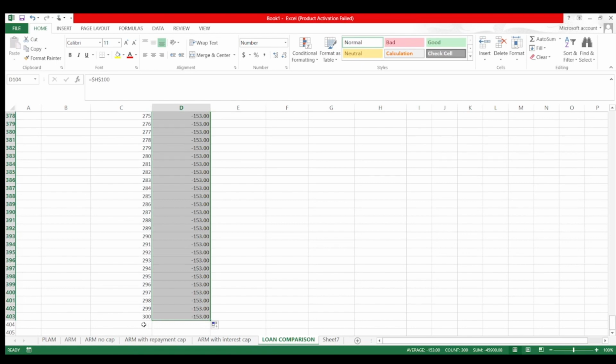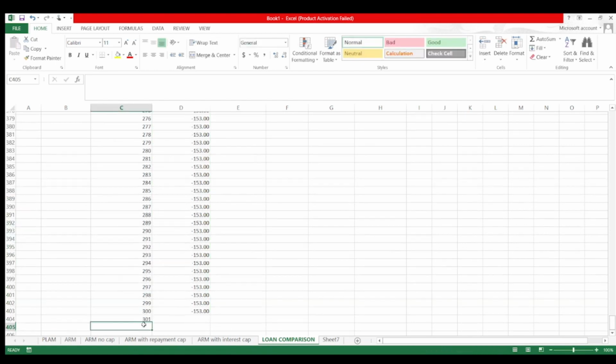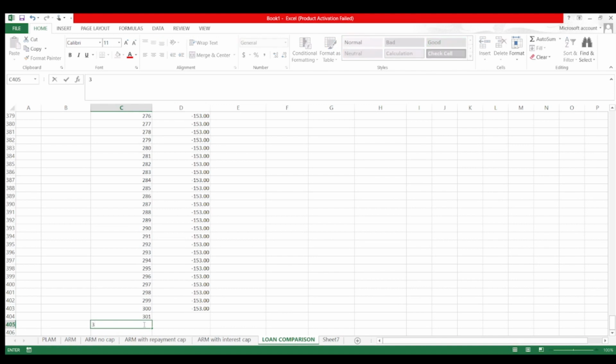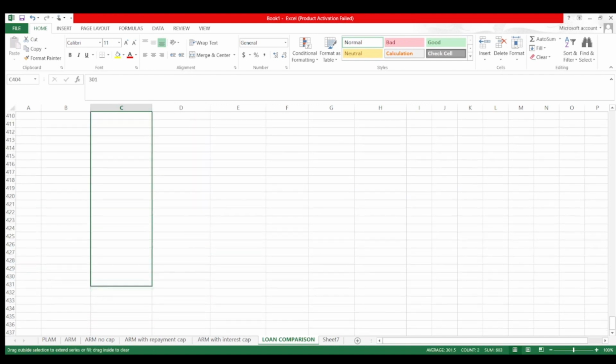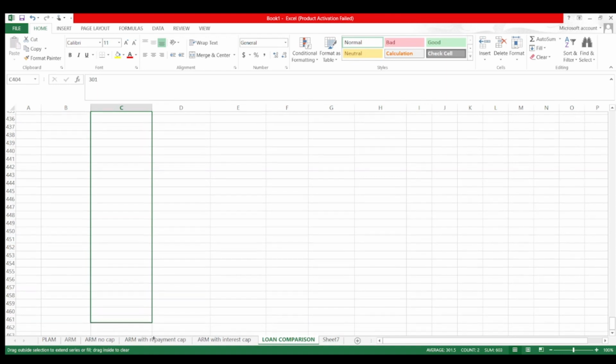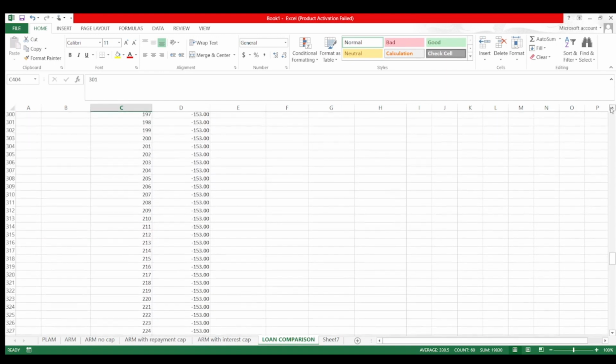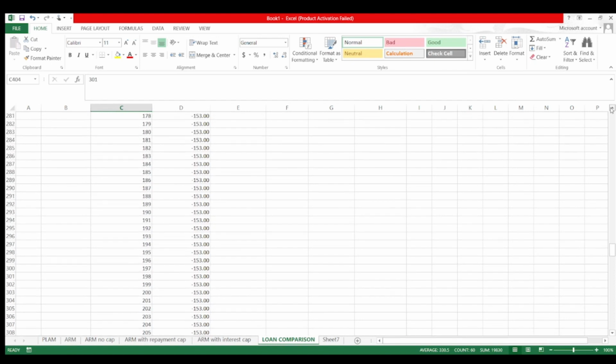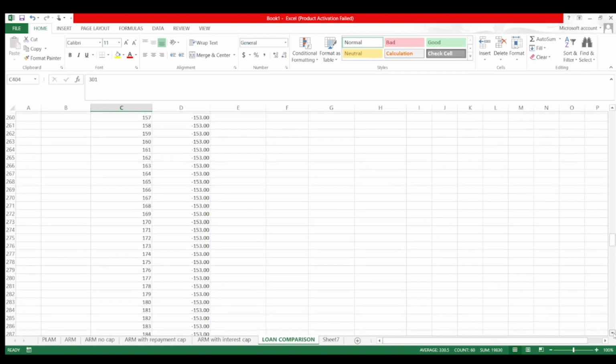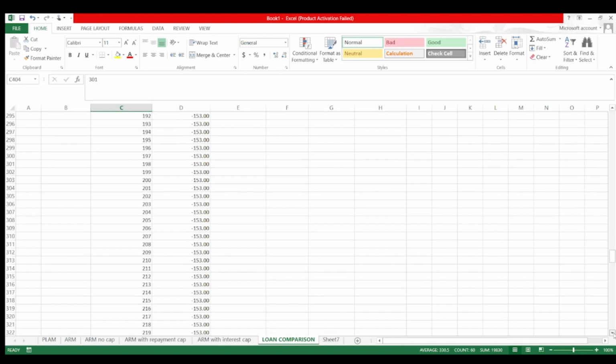Okay, then from 301 all the way to 360, we have the other cash flow, which is, let's first click on the first cell and then we go up and select the difference which we had earlier calculated.